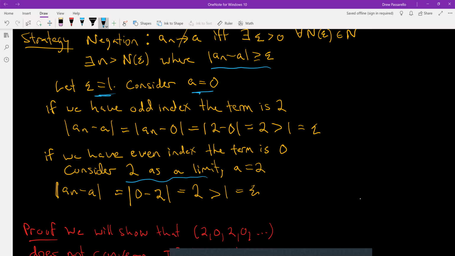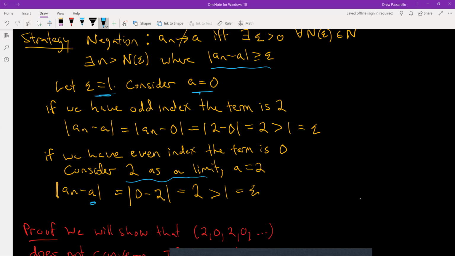So a is 2, and then our nth terms are 0 since we're dealing with the even indices. So it'd be 0 minus 2, which is also going to be the absolute value that is still 2, which is greater than the value that we chose for epsilon, 1. So that follows the negation statement.